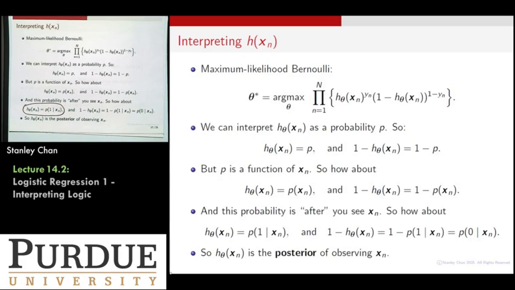Okay, so you can say that my h can be interpreted as the posterior probability of getting class 1, given that I have a sample xn. And then the probability of 1 minus h will be the posterior probability of getting 0, given that you have seen the sample xn.